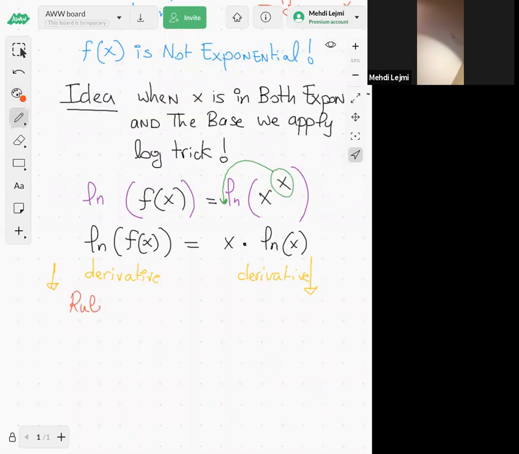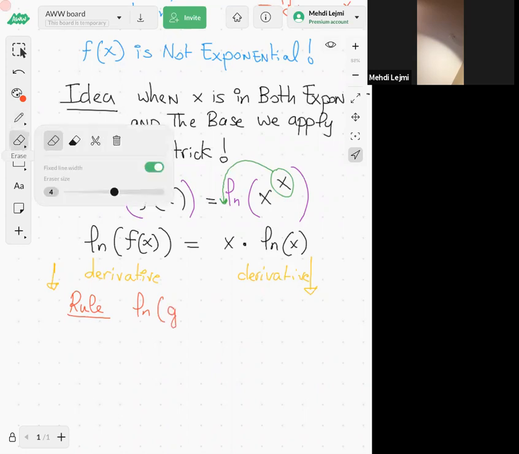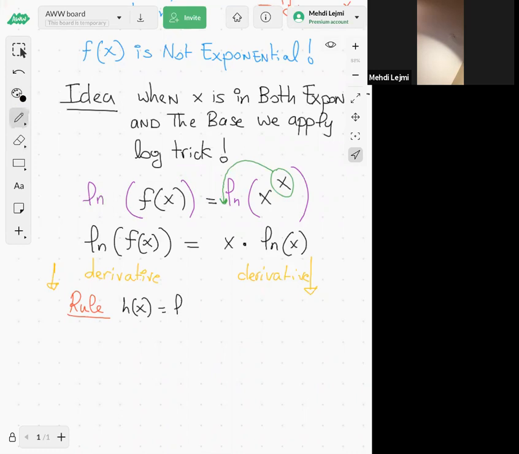Whenever you have natural log of some function, let's say h of x equal to natural log of some function g of x, then the derivative h prime, as a consequence of the chain rule, would be g prime of x over g of x.